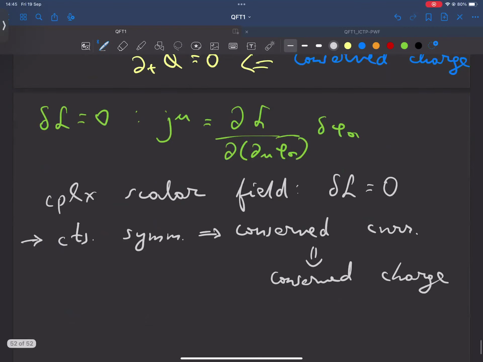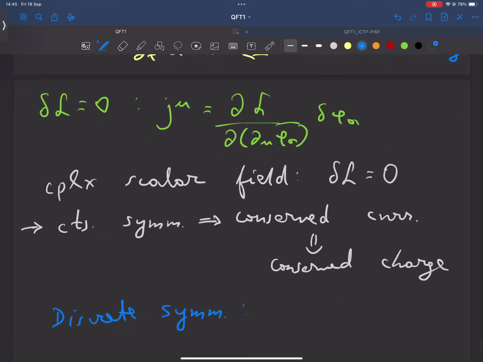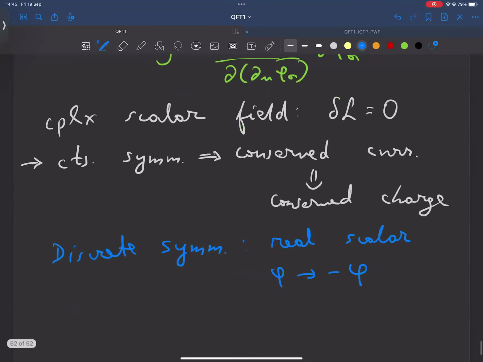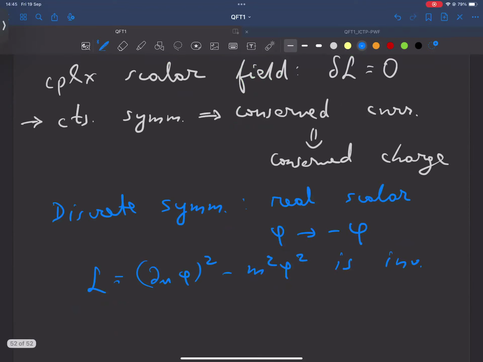However, we also discussed discrete symmetries. Like in the real scalar field case, we discussed one discrete symmetry: if phi goes to minus phi, then this Lagrangian was invariant, right? So this was also a symmetry, but this was discrete.